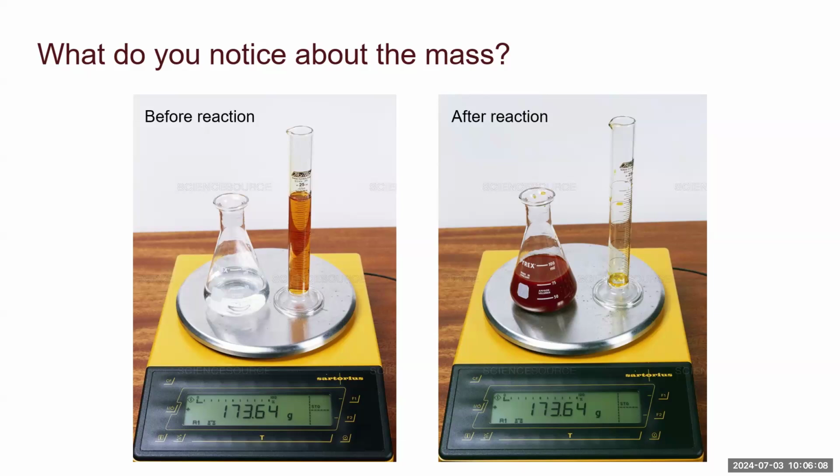What's the mass? It's the same. Essentially, what that's trying to convey is that when you add these 2 components to one another, the mass doesn't go up, the mass doesn't go down. The 2 contents were simply combined into one container, and we didn't lose anything in the process.